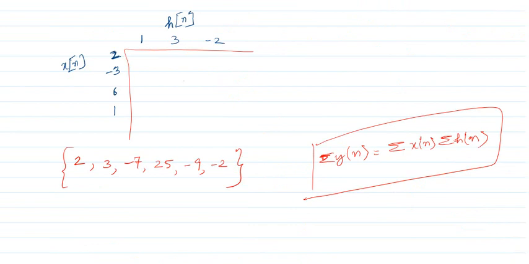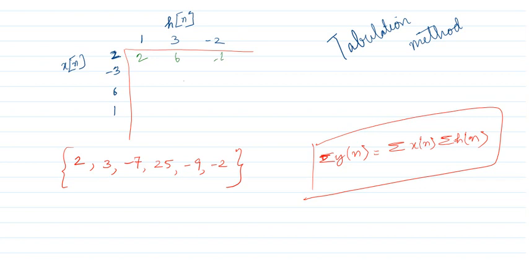Okay, come to the third technique. This is the easiest technique, called the tabulation method. In the tabulation method, I take x on this axis and h horizontally, and I am going to multiply, just a multiplication. It is 1 into 2, 2; 2 into 3, 6; and minus 4.